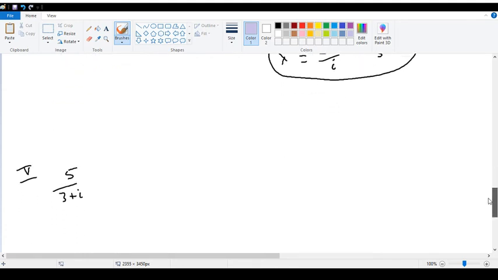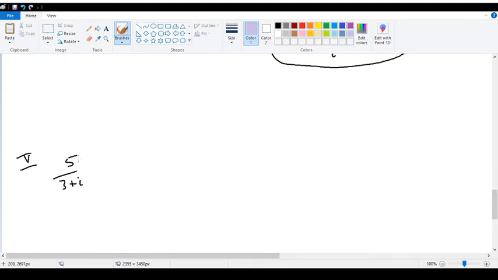I got another problem. Let's simplify this weird looking fraction, okay? It's 5 over 3i. And a fraction cannot be simplified if it has an i, or the imaginary number, in the denominator.